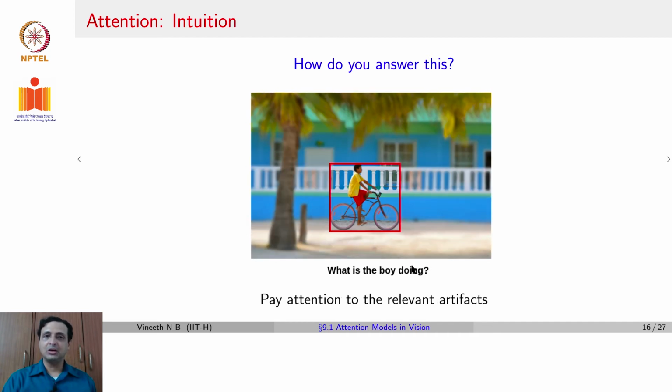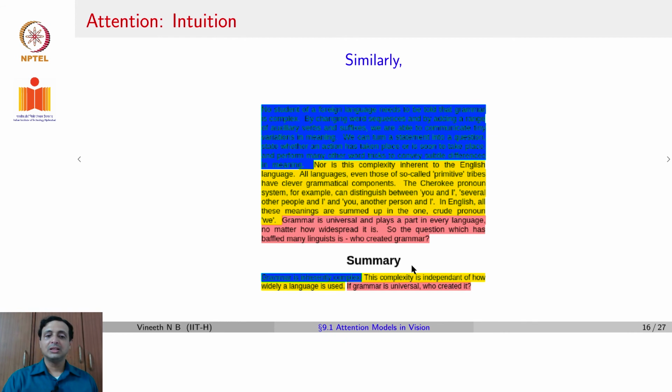You pay attention to the relevant artifacts, in this case the boy and what activity the boy is associated with. Similarly, if you had an entire paragraph and you had to summarize, you would probably look at certain parts of the paragraph and write them out in a summarized form. So paying attention to parts of inputs, be it images or long sequences like text, is an important way of how humans process data.